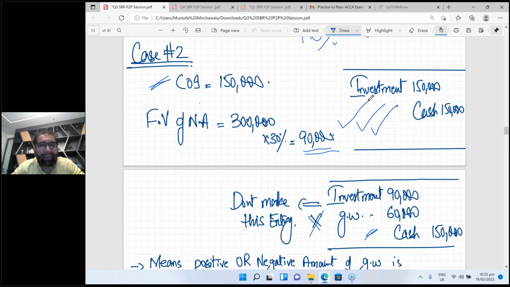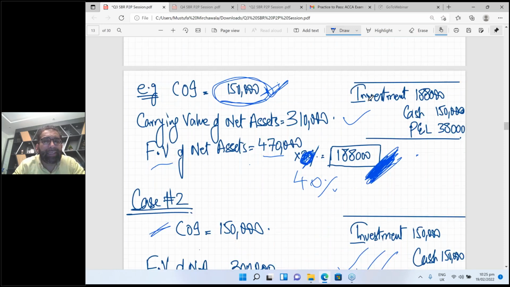And the same thing you were doing here: this 38 is also included in this investment. This 188 became 38 plus 150.